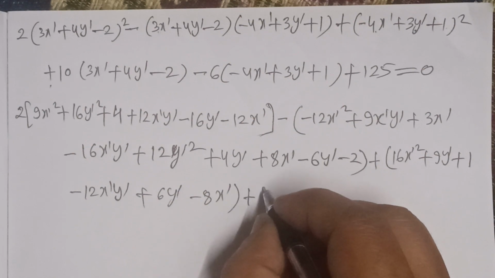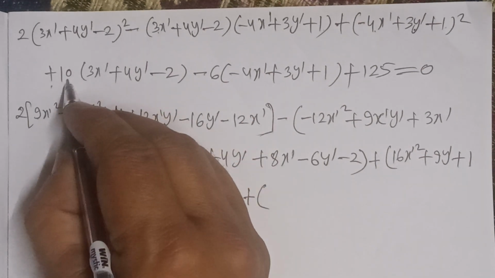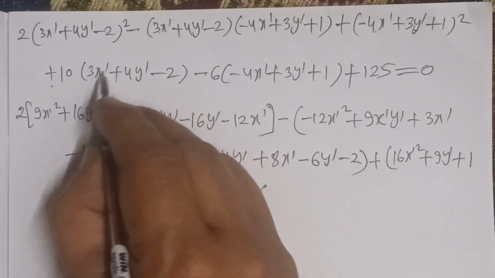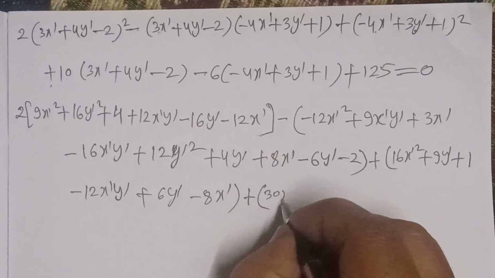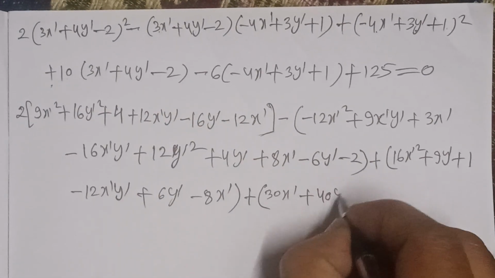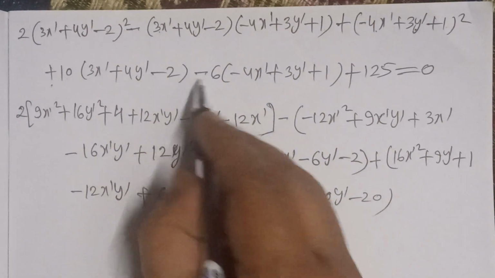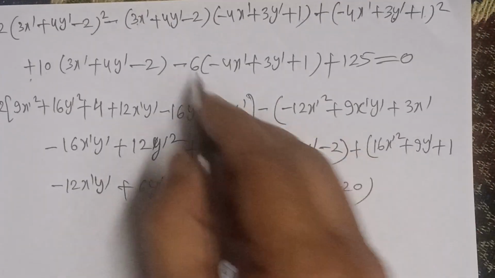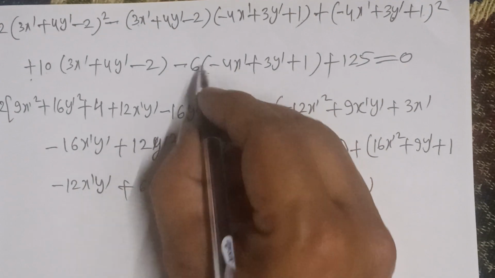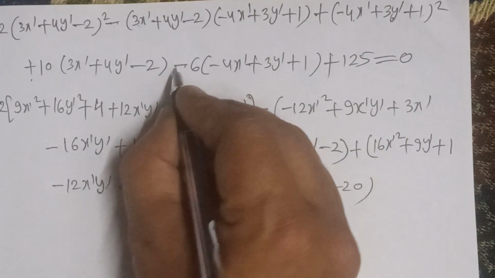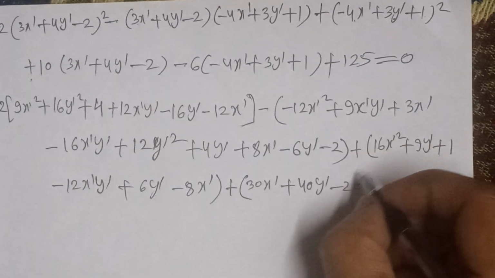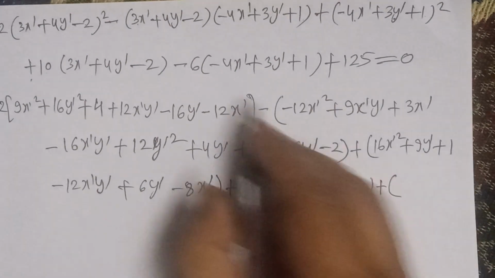You should not open this bracket, but take 10 to this bracket, we get 3x' plus 40y' minus 20, and minus 6. If we take minus 6 in this bracket, then we leave plus before this bracket.